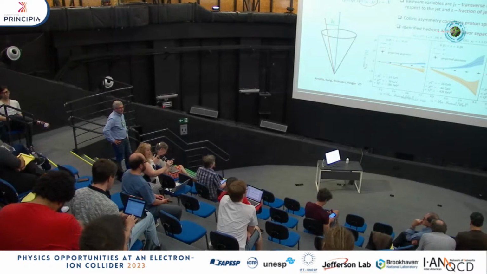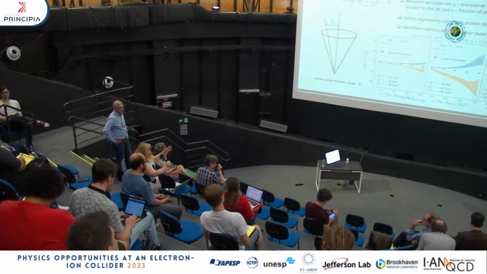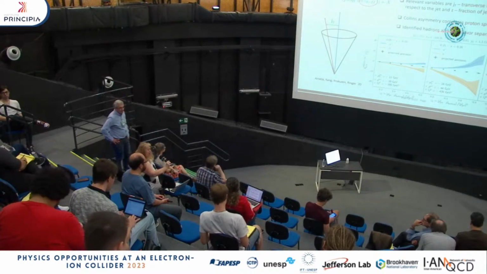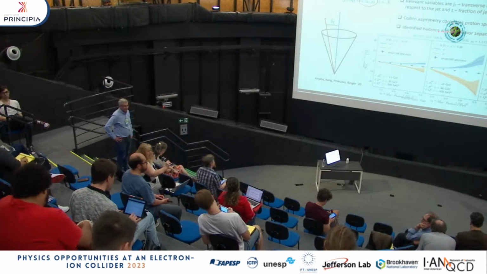Like in SIDIS as well, you cannot say it is just this one. If you have 5 hadrons, you bin every single one in a bin in jT, z, and the pT of the jet.